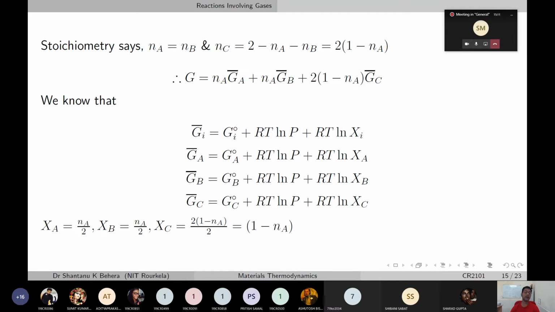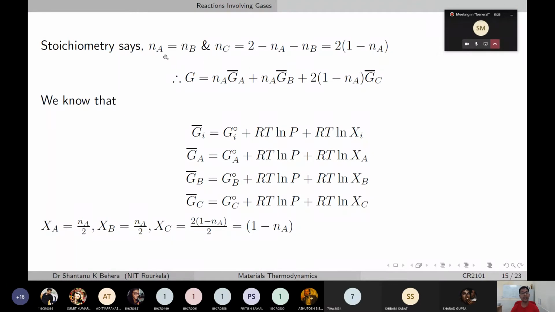Now, it's also important to define the mole fraction. The mole fraction is Na by 2, because this is the number of moles available for gas component A, normalized by the total number of moles available in the system.